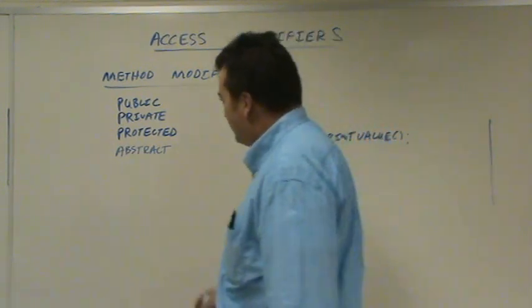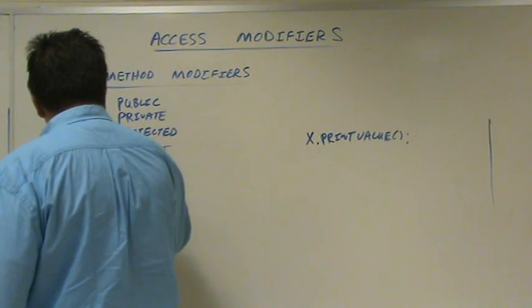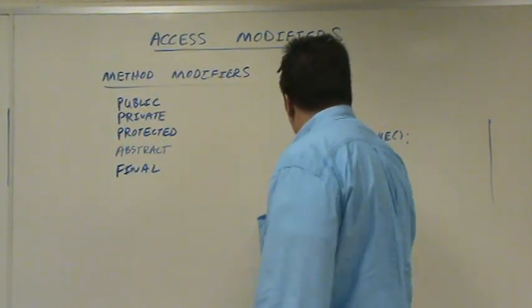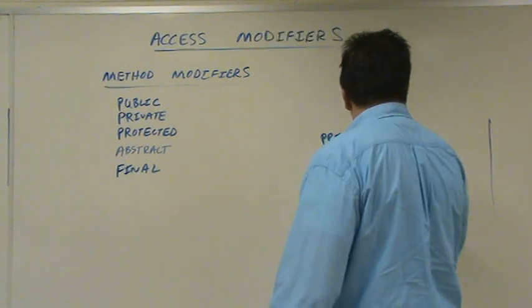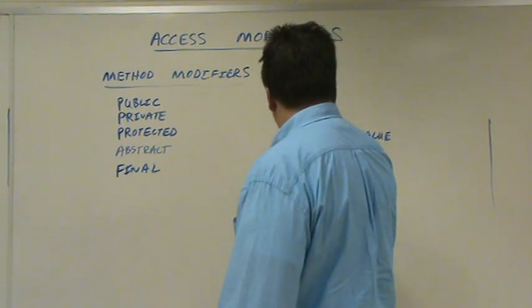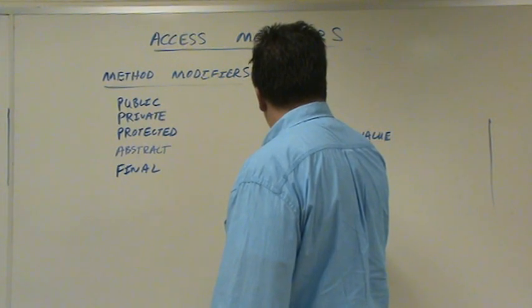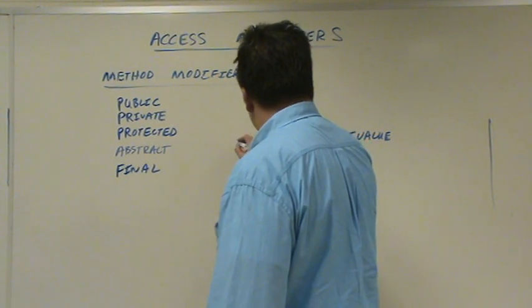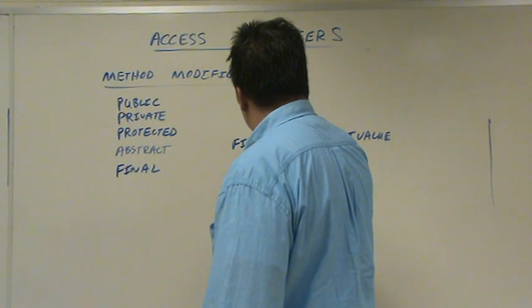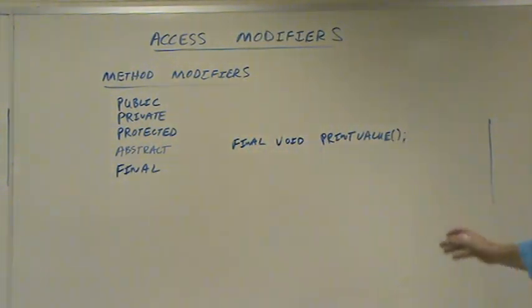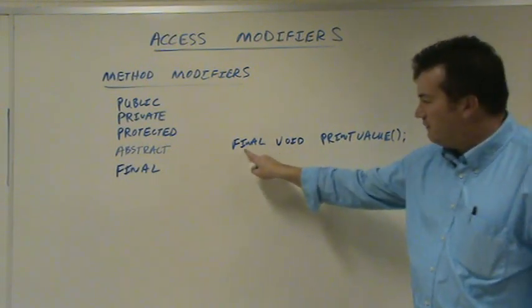And what if we had a final method? We had a method called print value and made it final. If we made the method final, print value, what would that mean? Now, we've already seen 2 definitions of final.